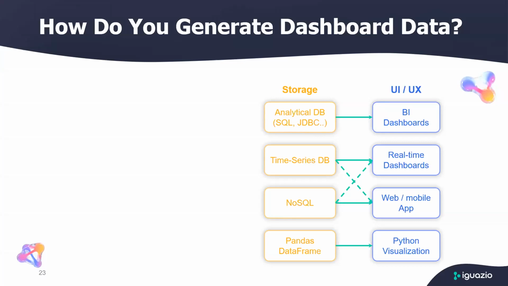Looking from the right, we have BI dashboards, things like Tableau, QlikView and others, which usually work against an analytic database, mainly columnar databases, accessing them through JDBC or SQL queries. They're usually more on historical data, not on real-time data.